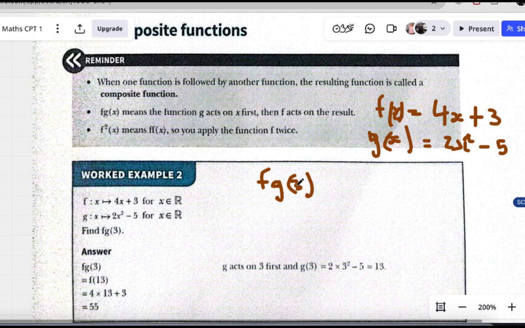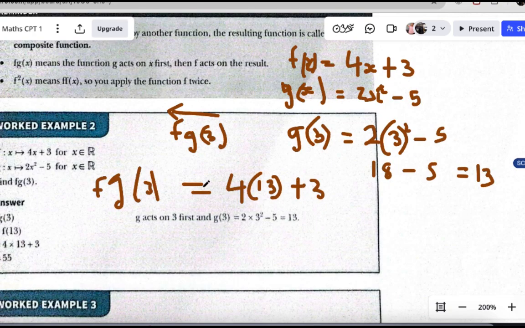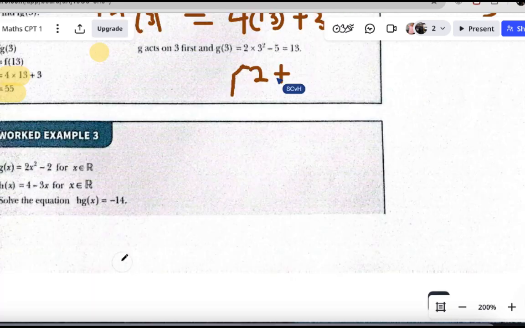You start from the right to the left. We've only calculated g of 3, so now it's going to be 4 times 13. First of all, 4 times 3, we get 12, right? Carry 1. 4 times 1 gives us 5, so 52.